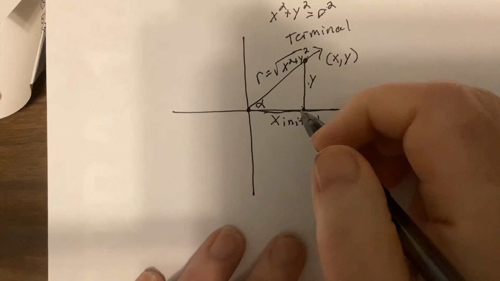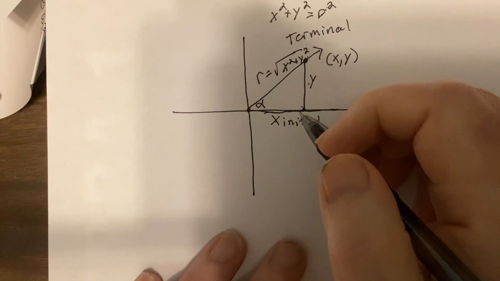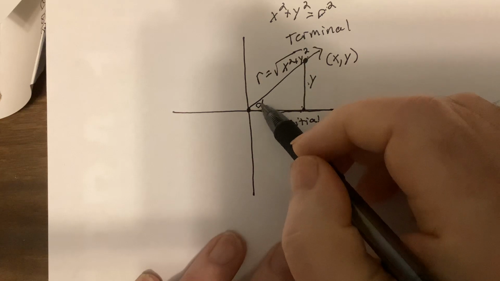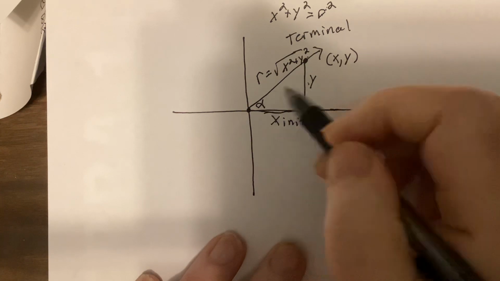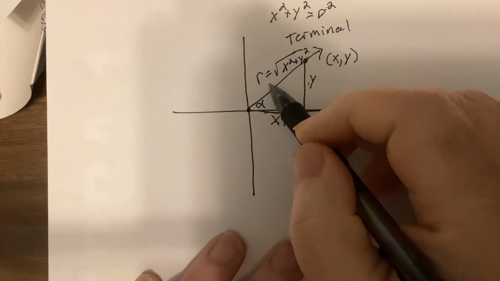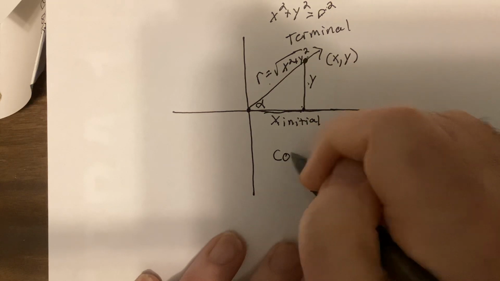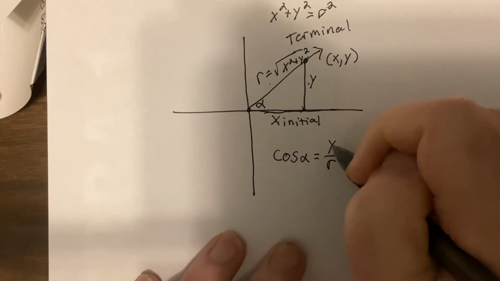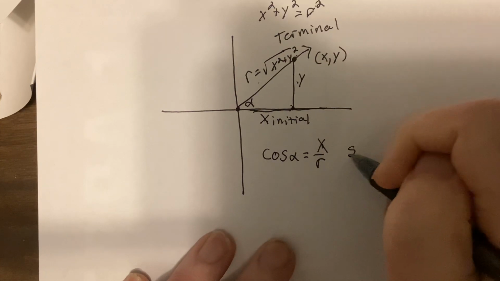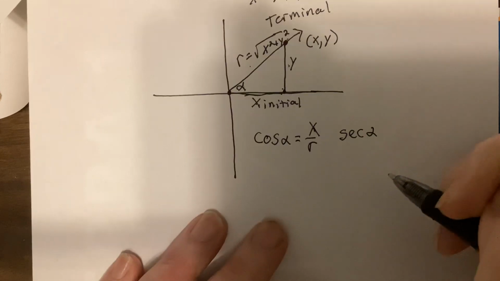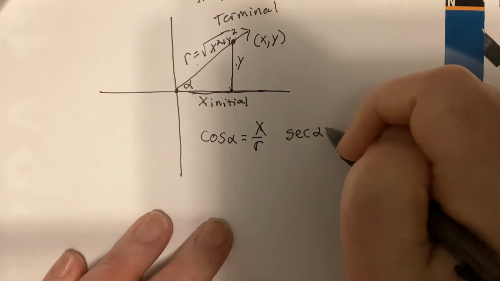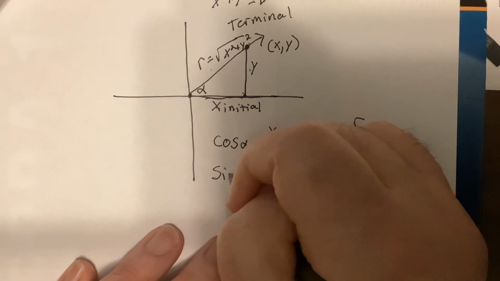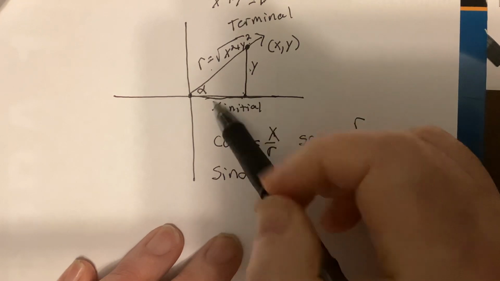So if I use my opposites, adjacents, and hypotenuses, if I use this angle, cosine would be adjacent over hypotenuse. So cosine of the angle is x over r. The reciprocal of cosine is secant, so the secant of that angle is r over x. Sine is opposite over hypotenuse.